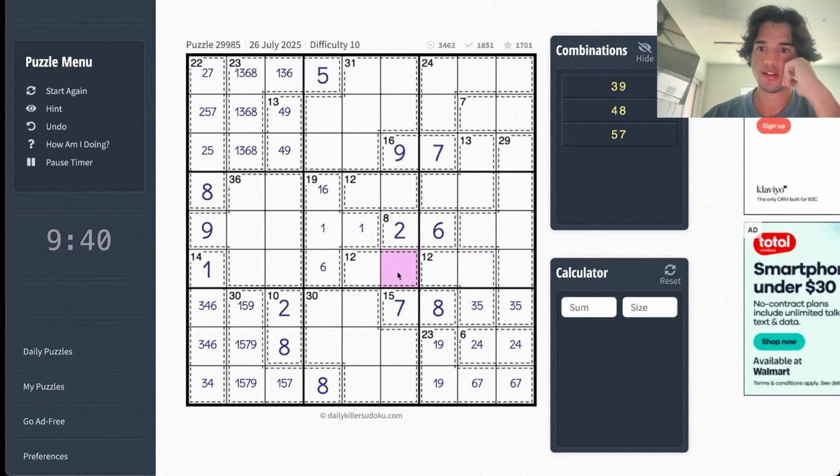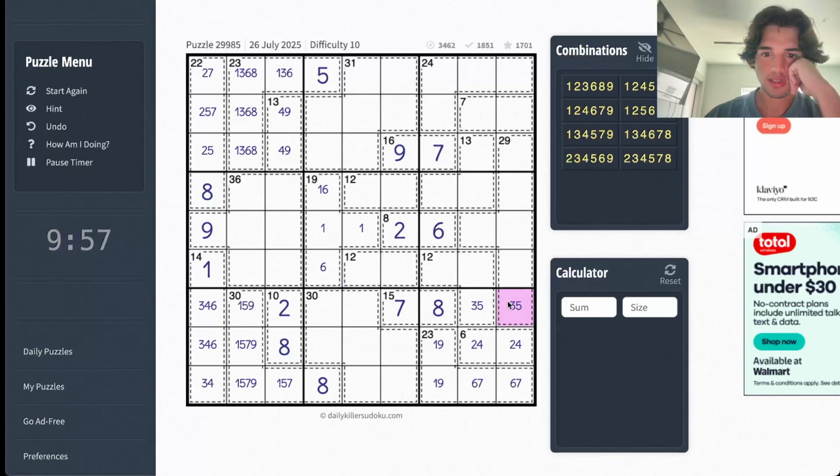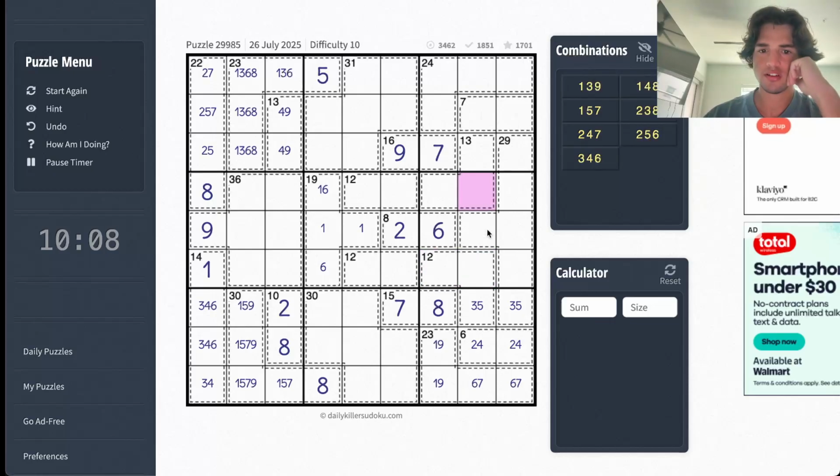So if this were to be 5 and 3, 4, 3, 4, 5, 7, 3, 4 is specifically 5 and 7, but I don't think that helps at all. 5, you'd get a 3 here. 3, 4. And then this cage is not very restricted.